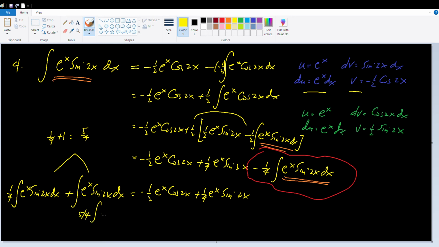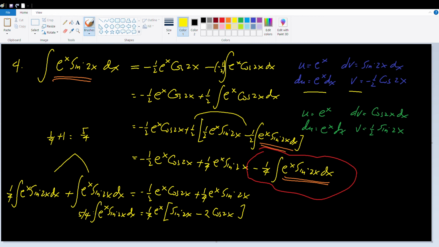Alright, so that will be 5/4 of the integral of e to the x sine 2x dx equal to, let me simplify this, 1/4 e to the x times, let me start with this one, sine 2x minus 4 divided by 2 is 2 cosine 2x. Alright, and how do we get rid of the coefficient 5/4?